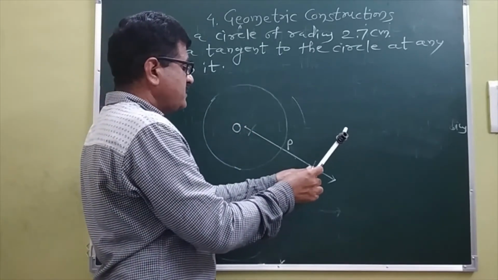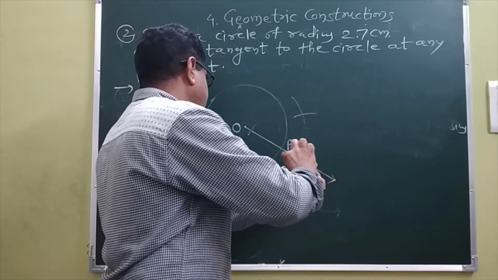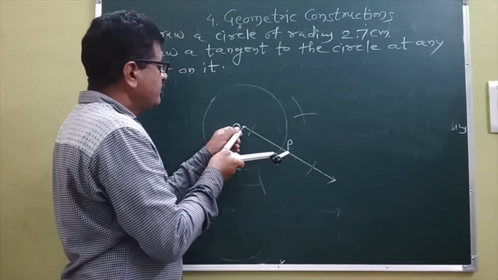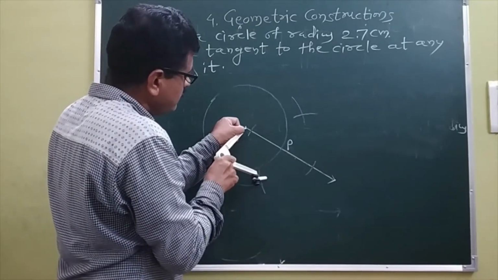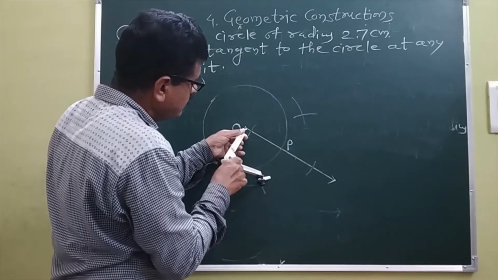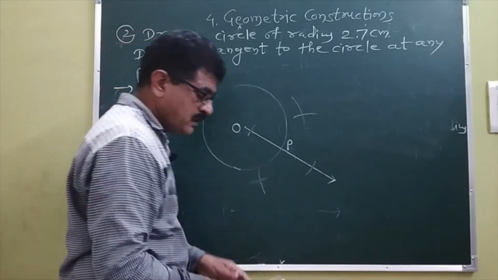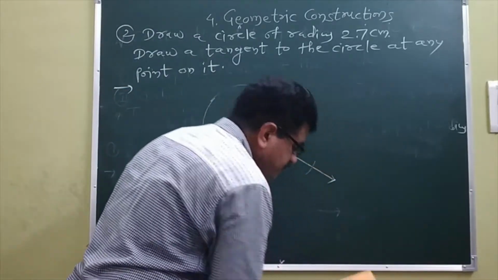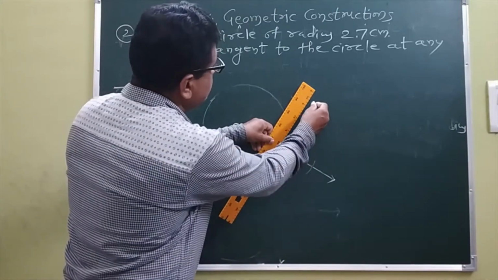Now taking the same distance, keep the compass point here and draw intersecting arcs. Now join these two intersecting points.